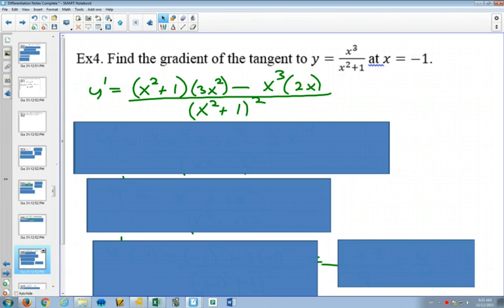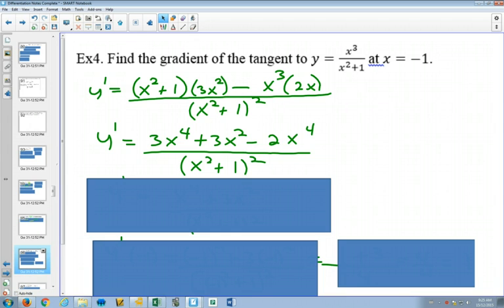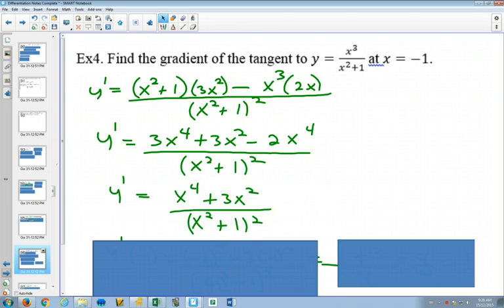So when we find our derivative, that is the slope of every single tangent line for every value of x that's possible. Now, if we want to find a particular slope of a tangent line at x equals -1, then once we've simplified this, we can just plug in x equals -1 into this equation.